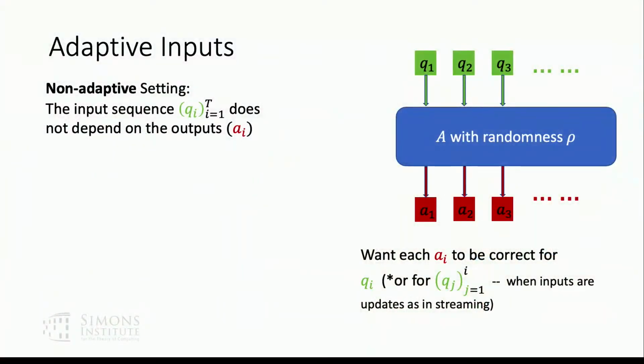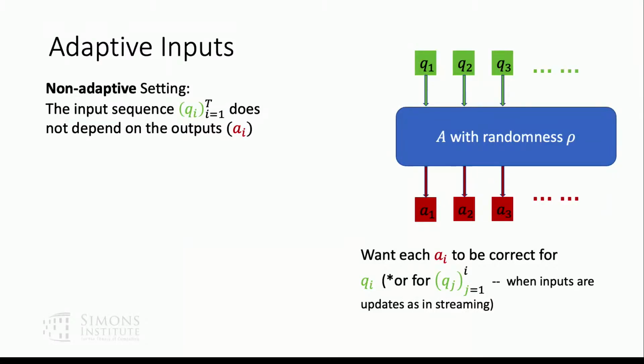Okay, so what are adaptive inputs? So basically we have any randomized algorithm. It's initialized with some internal randomness rho, and that's not visible from the outside, kind of. And in the non-adaptive setting, there is a sequence of queries and a sequence of answers.